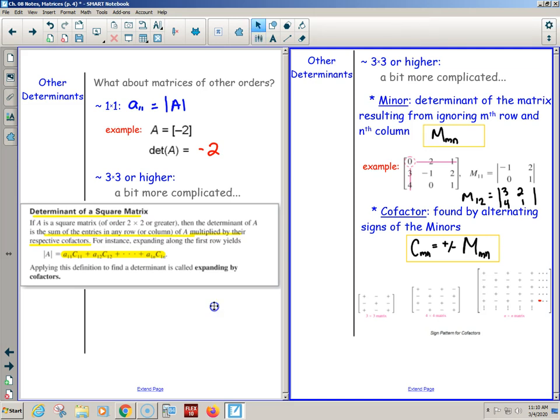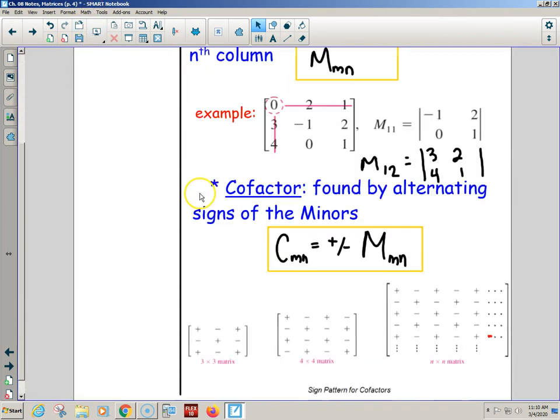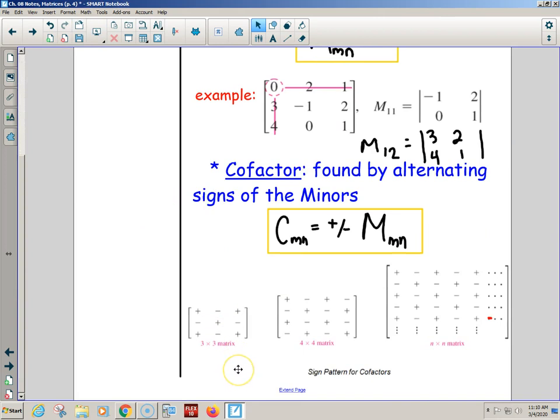So let me zoom in on how those signs are meant to alternate. You always start with a positive in the upper left-hand corner, and then you alternate. Whatever matrix you're starting with: positive, negative, positive, alternating down and across, all the way around. I like it. It's like a checkerboard.